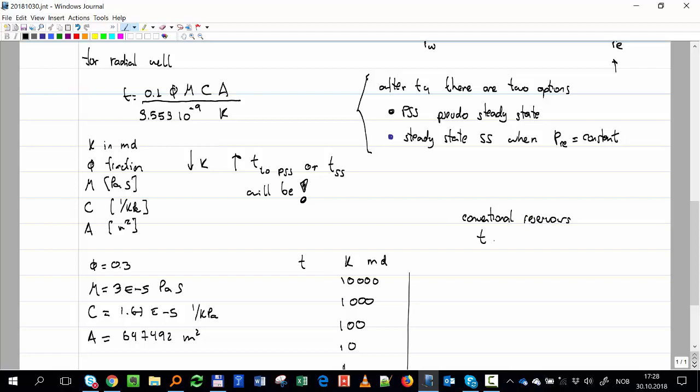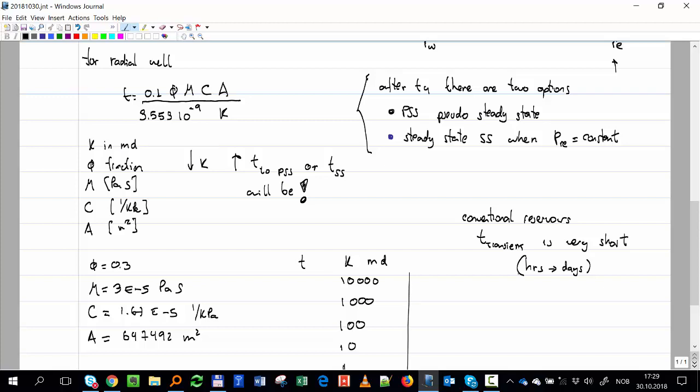the transient time is very short, in the range of hours or a few days. Therefore, if I'm producing the rest of the year, I will be producing in pseudo steady state or steady state. So I don't really care what happens in this transient.